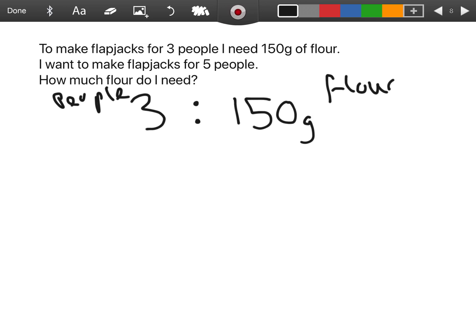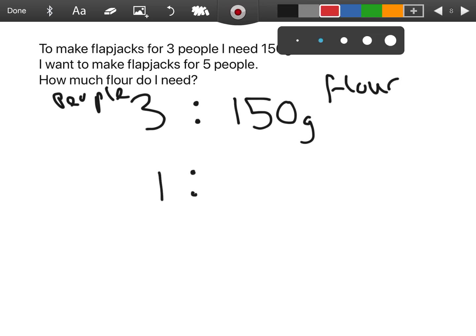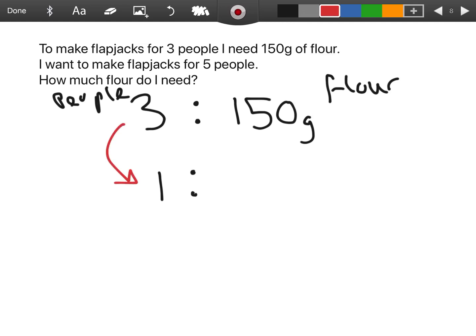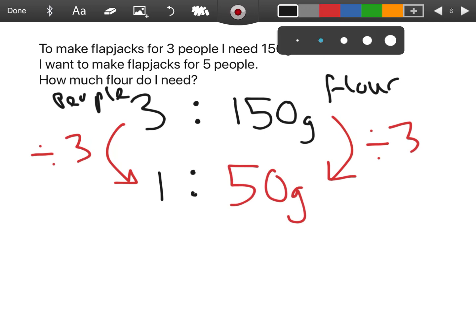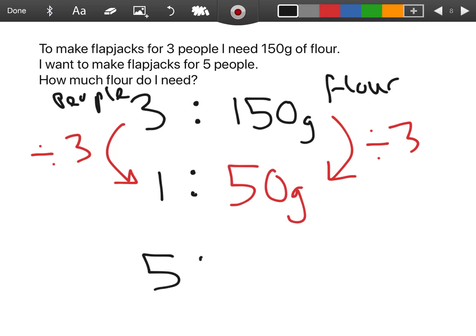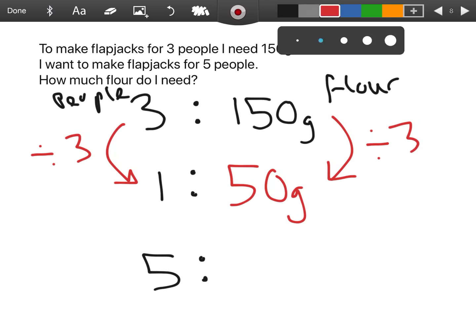of flour. Well then, how much would I need for 1 person? Well, I've divided the number of people I had by 3, so I'm going to need 3 times less flour. And 150 divided by 3 gives me 50 grams. And now, what I actually want to know is how much I need for 5 people.